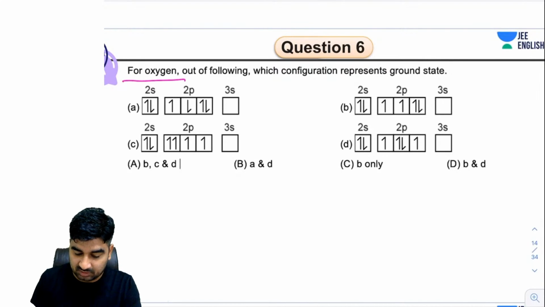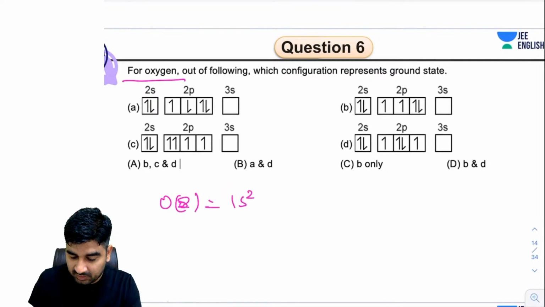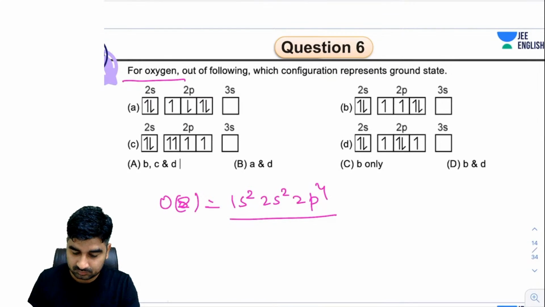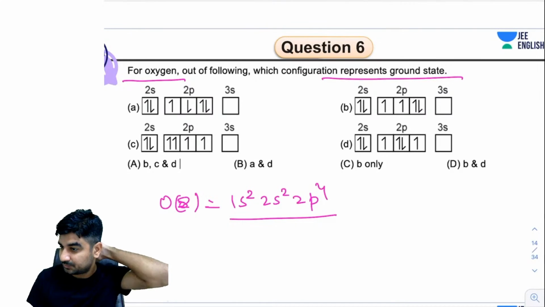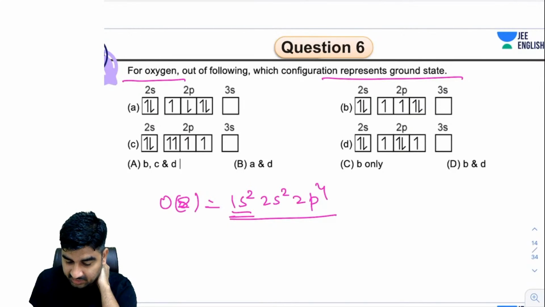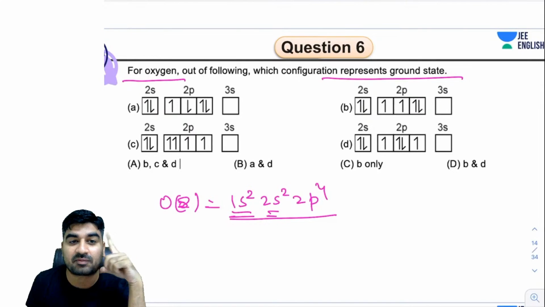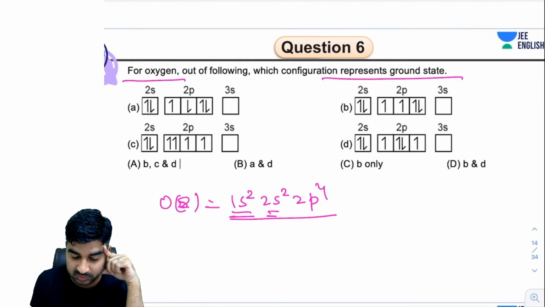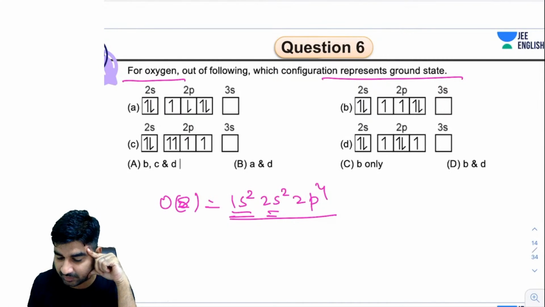So for oxygen, if I write the configuration, oxygen will have 8 electrons: 1s2, 2s2, 2p4. Which configuration represents the ground state? Here 1s and 2s both are filled. 1s is not shown, so assume it to be completely filled.